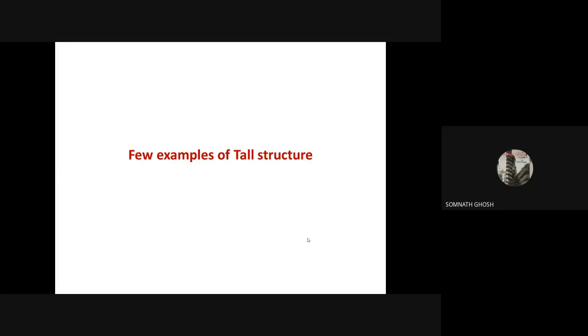So naturally, we also have to take care of the comfortability while designing the buildings, because if the occupants are not happy staying in those buildings because of huge sway or drift of the tall structure, then our objective is lost. So I'll come to those things one after another.